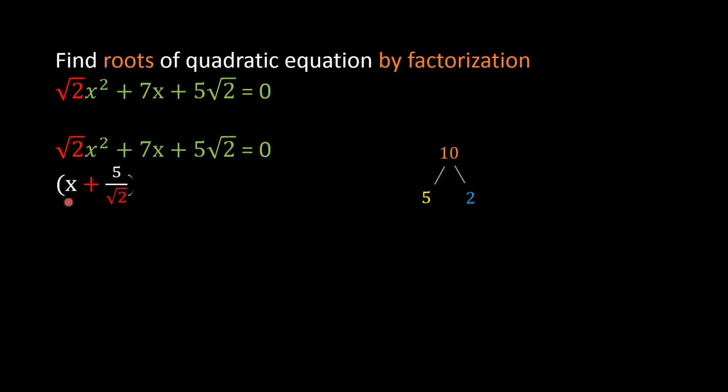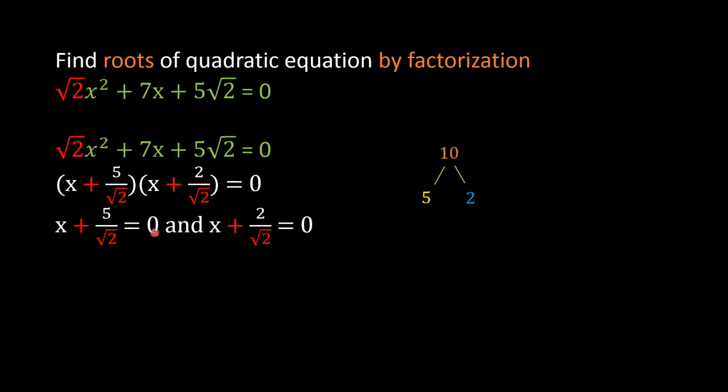So we will write the factors as x plus 5 divided by root 2, and the second factor x plus 2 divided by root 2 equals 0. We will write x plus 5 root 2 equals 0, the first factor equals 0, and the second factor x plus 2 root 2 equals 0.